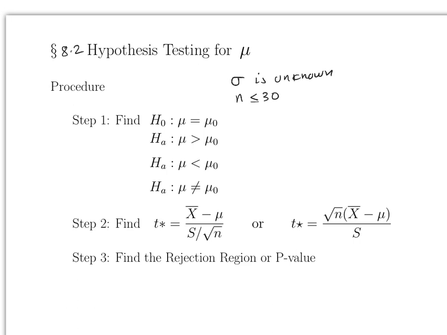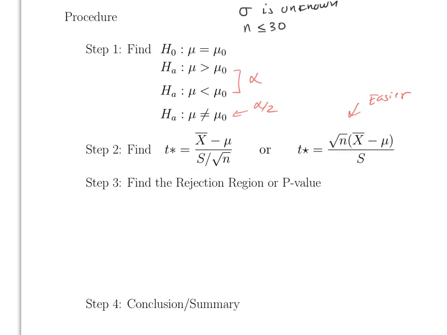That's when we're going to use T. But notice this is the same thing from before. This is one tail, which means you're going to use alpha. This is two tails, which is going to be alpha over 2. Again, these two formulas are exactly the same formula, just that this one is easier for computation because you only have to divide by 1.